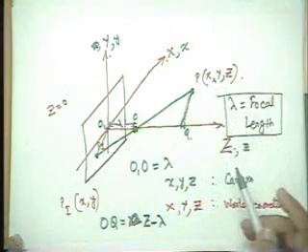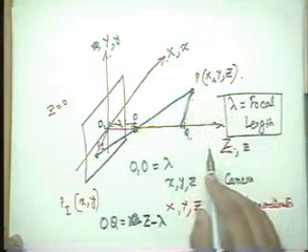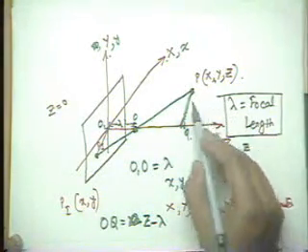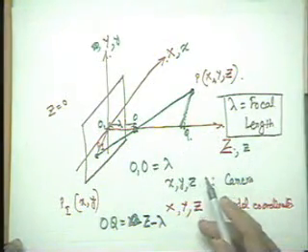So, I have considered the point P on the XZ plane. Then the distance PQ will give me X, and I will have a relationship like this from the similar triangle.